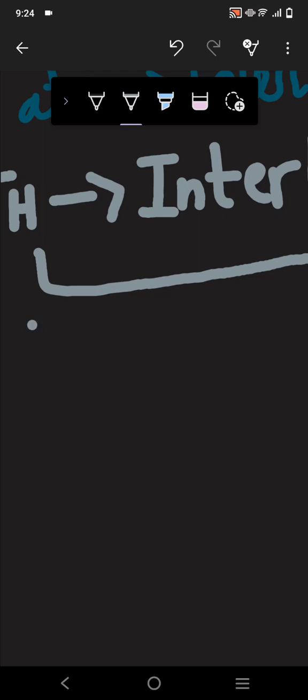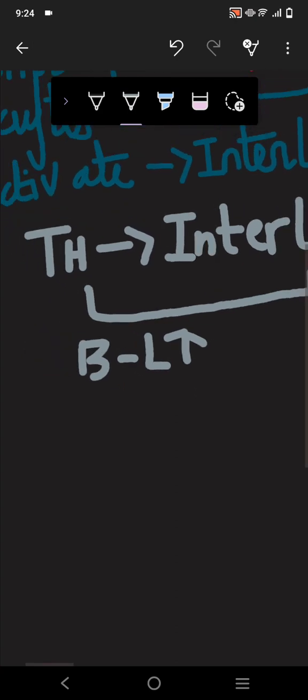For example, here is the B lymphocyte. B lymphocyte will activate. The purpose of the T helper cell is against the pathogen.